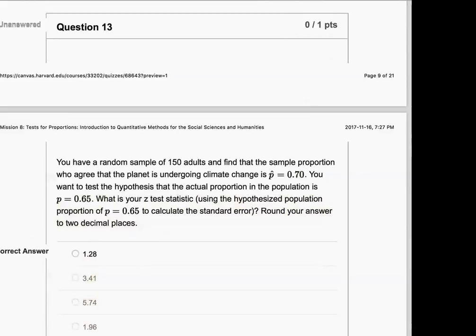The z-test statistic, though, is just another way of framing what the standard error is, which is equal to p naught times 1 minus p naught, divided by n.